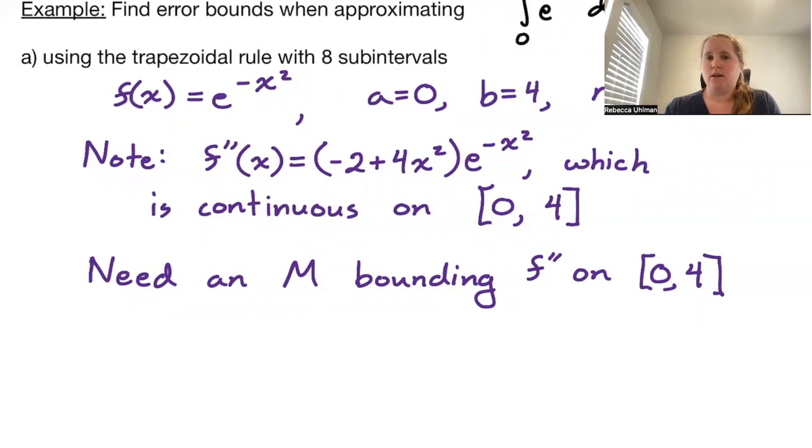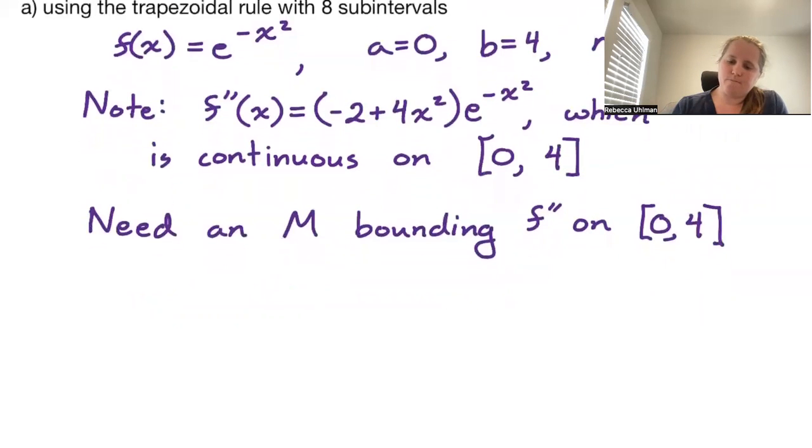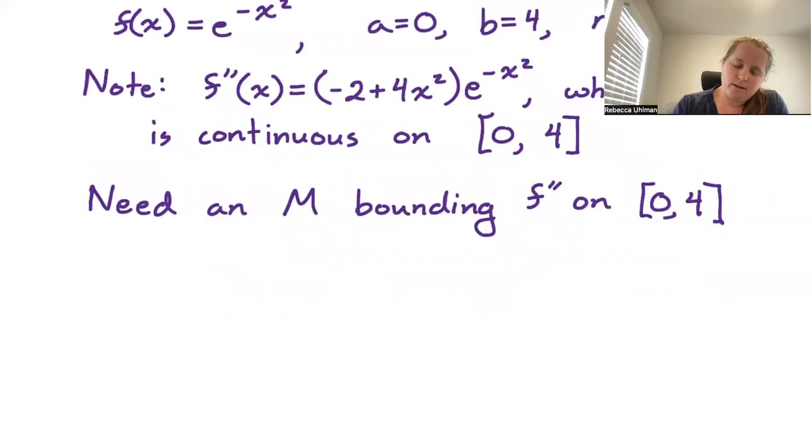For this one, we'll bound using calculus and find the extrema. For Simpson's rule, we'll use our other options. So we'll go ahead and use calculus to find the extrema.